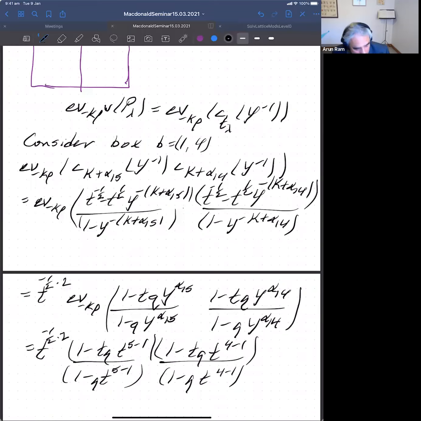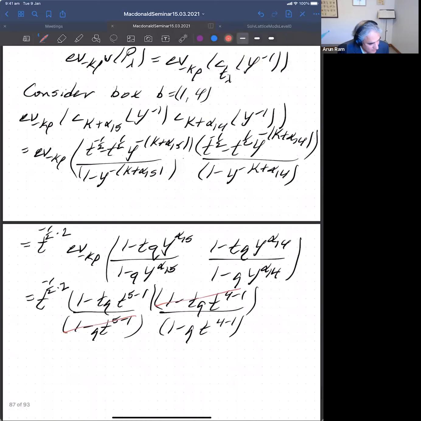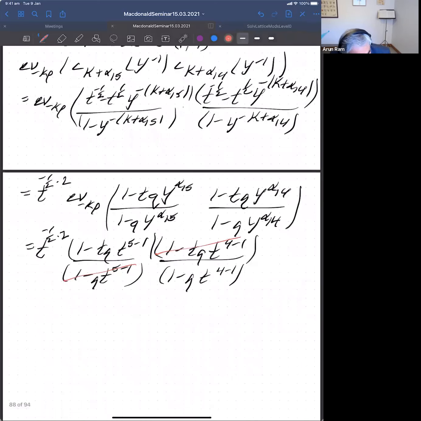And a miracle happens, because this cancels with that. All right. So what happens is that each box, so I had one box that had two roots in it, alpha 1, 5 and alpha 1, 4.